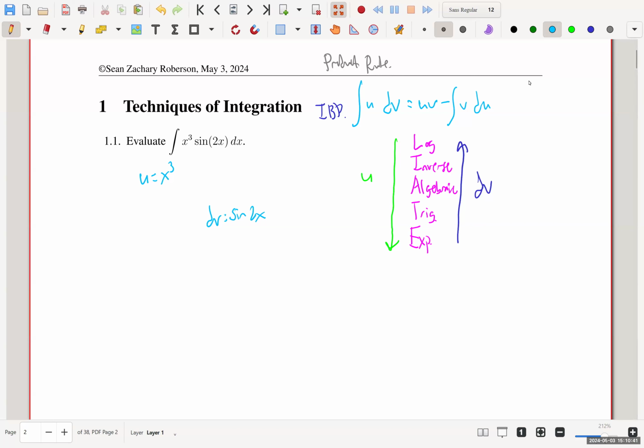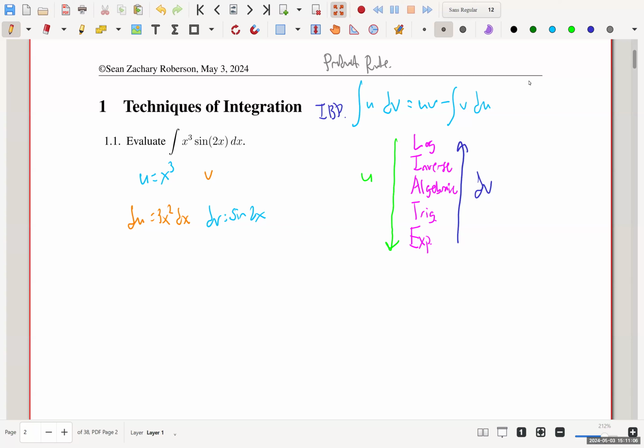Now let's remember a fundamental thing here. When we go from u to du, that's a derivative. That's just our power rule, right? And we need the differential there, dx. And then when we go from dv to v, we integrate. So the antiderivative of sine 2x is, who remembers?